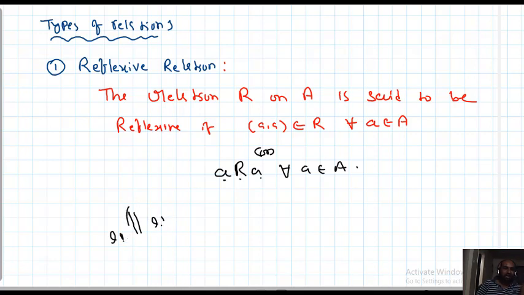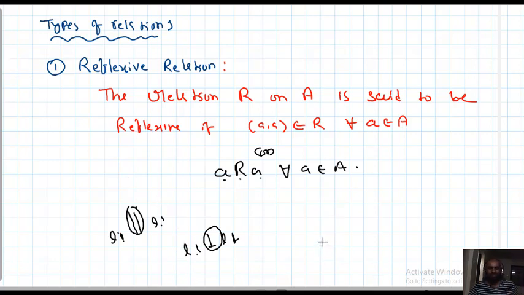That's why parallelism is a reflexive relation. Now instead of parallel, you write perpendicular. L1 is perpendicular to L1 is wrong, no? Every line is not perpendicular to itself. That's why perpendicularity is not a reflexive relation.